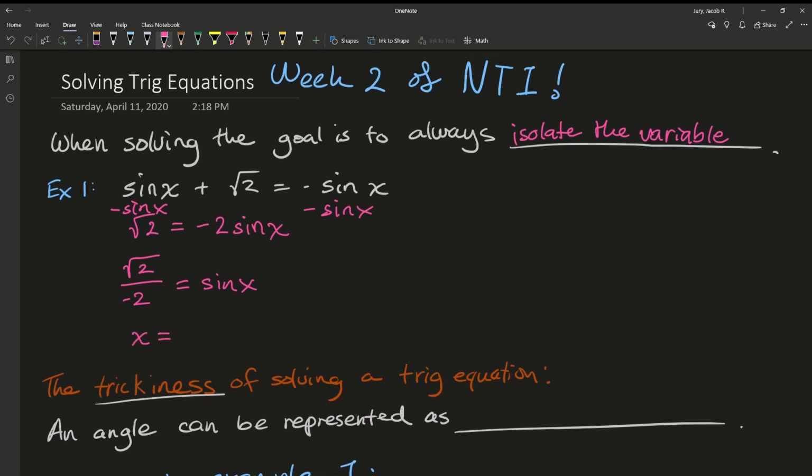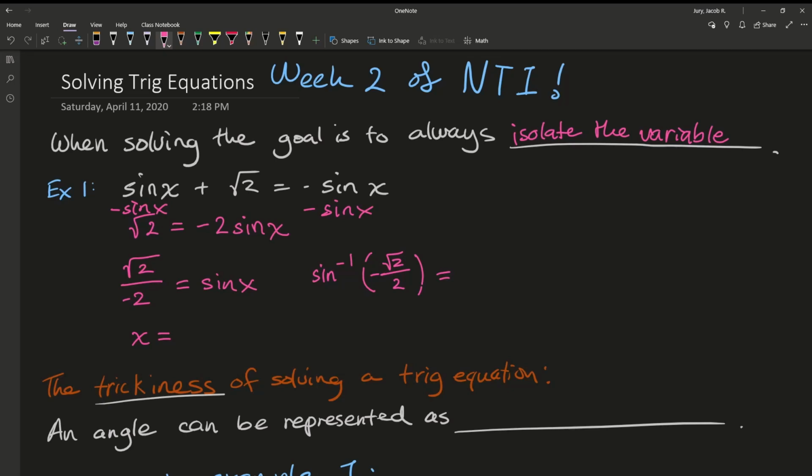However, I want to use an inverse trig function just to show that's the operation I'm performing. I get negative radical 2 over 2 equals... what's the angle that goes with negative radical 2 over 2 for inverse sine?